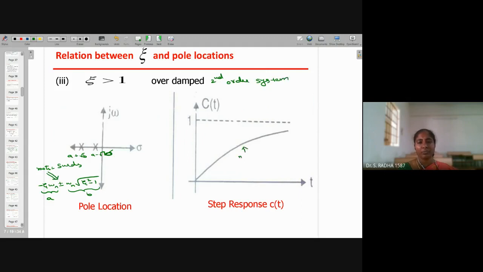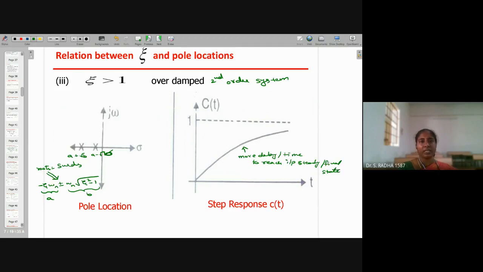More time, more delay, or time taken to reach the dotted line, the input. Reaching the input or dotted line is also called steady state, or final state. Our intention is that the graph should reach the dotted line.